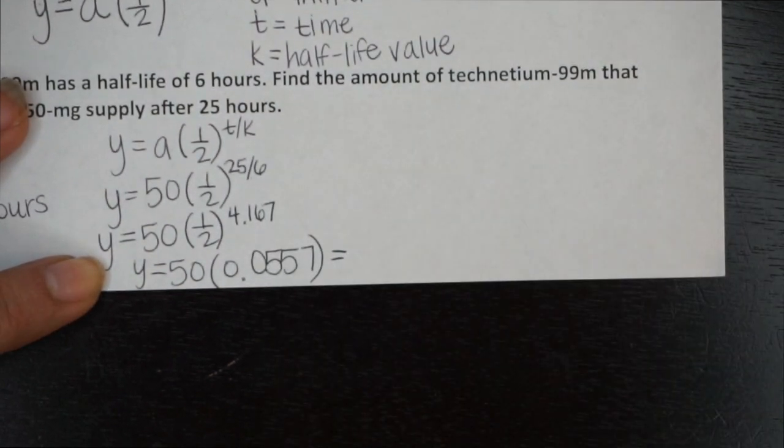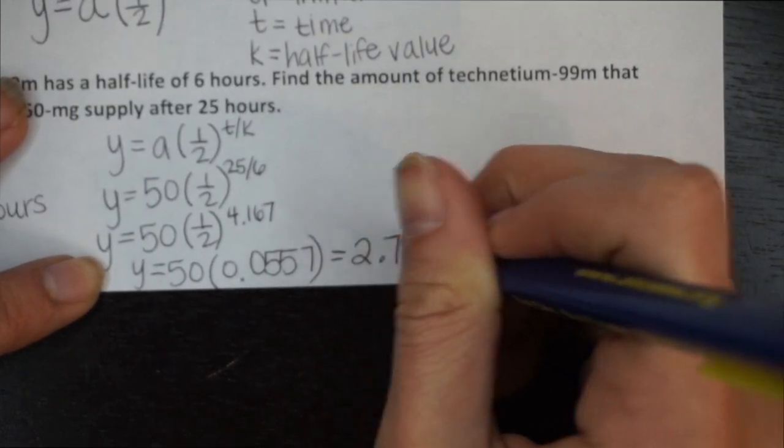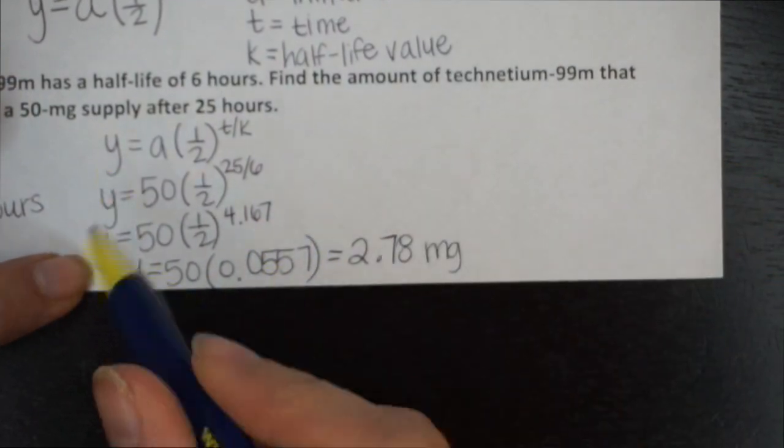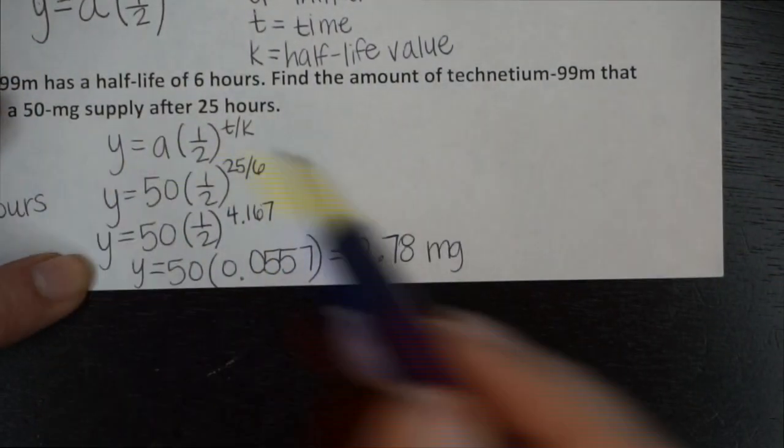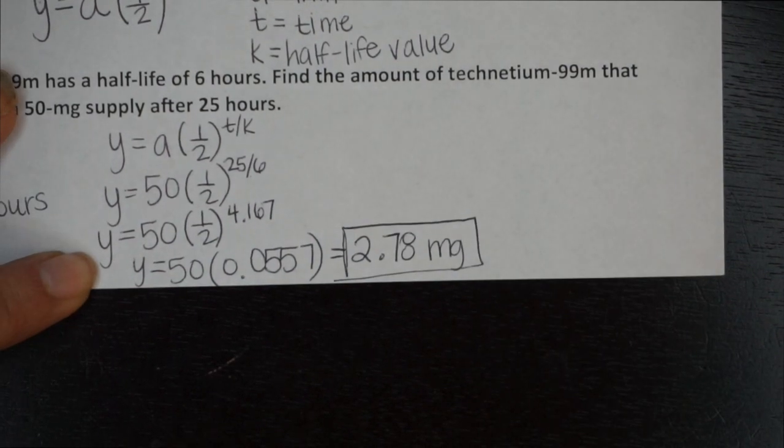Let's say 2.78. All right, that means after 25 hours from that original 50 milligrams that we started with, there would only be 2.78 milligrams left. All right, and so that's how half-lives work.